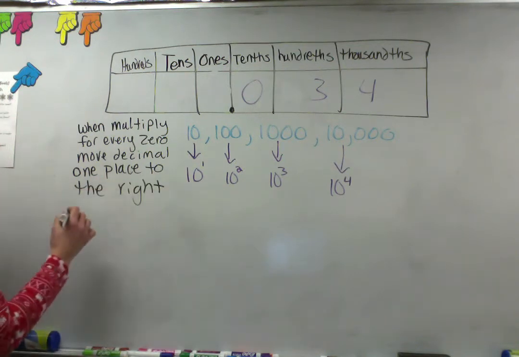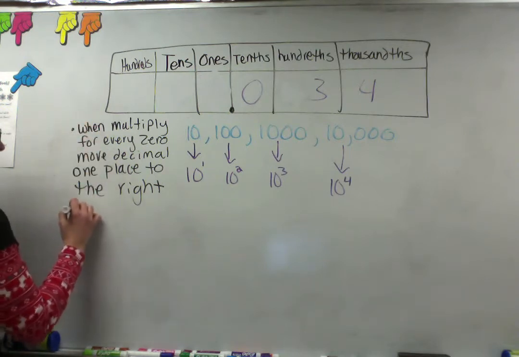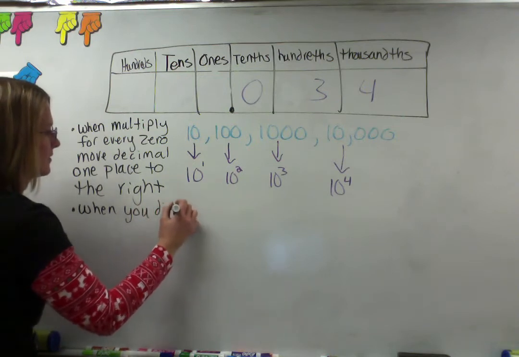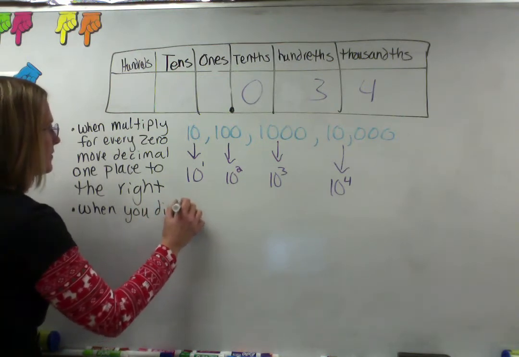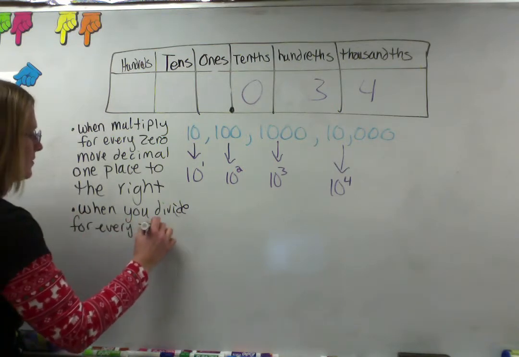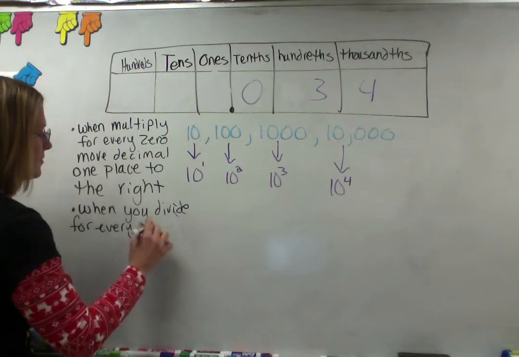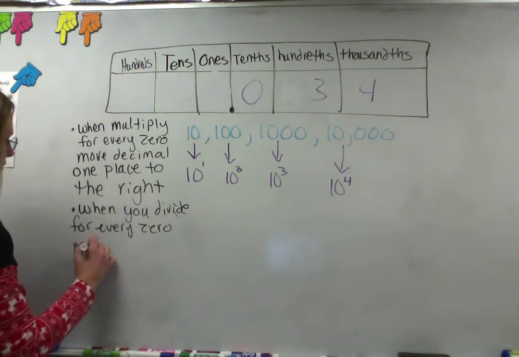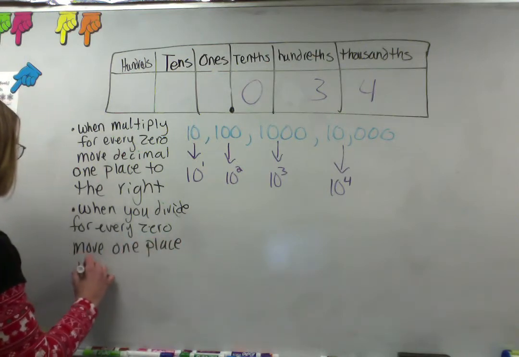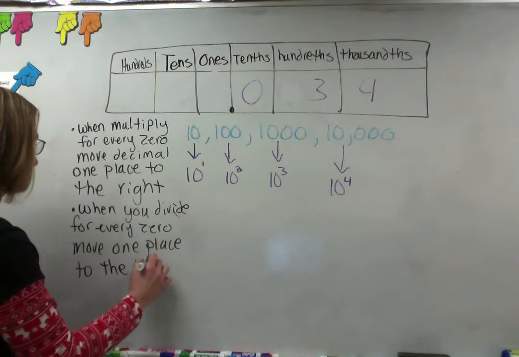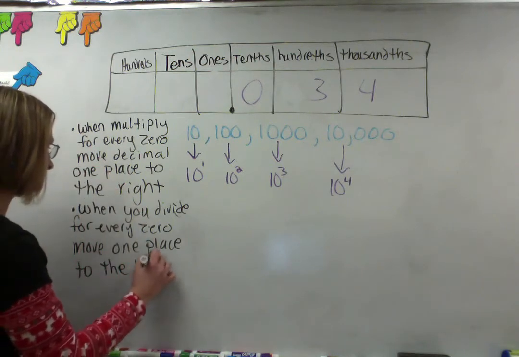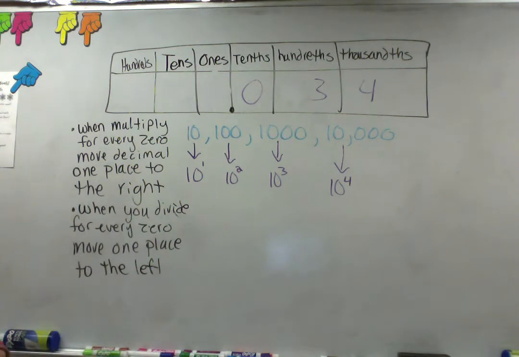Okay? When you divide, for every zero, move 1 place to the left. Did I get that right? Yeah. Okay. So we have that there.